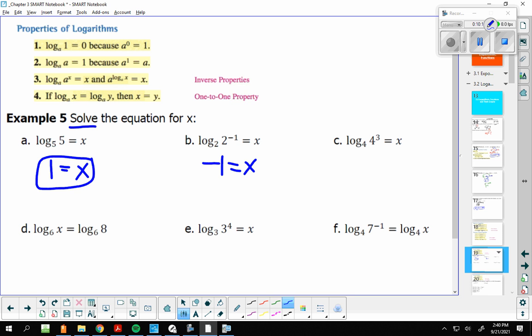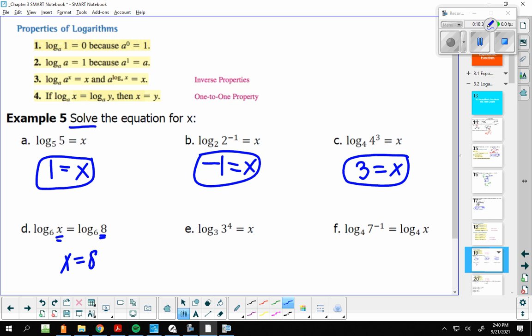That would be -1. And here, 4 to what power gives me 4 to the third? That would be the third power. Here, I have log base 6 on both sides, therefore my arguments are equal. X equals 8.